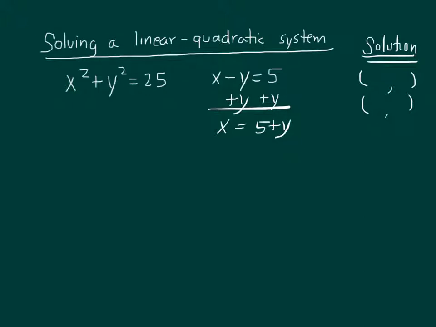And now we have solved for x. In this case, x equals 5 plus y. So whenever we see an x in the future, right over here, we can replace it with what x is equal to. We see that's equal to 5 plus y. So in this x, before it's squared, I'm going to sub in a 5 plus y.